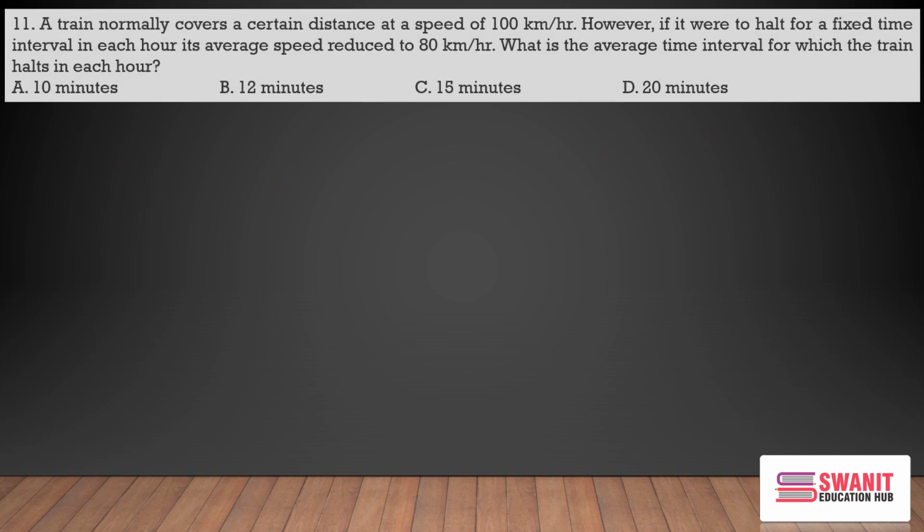A train normally covers a certain distance at a speed of 100 km per hour. However, if it were to halt for a certain interval in each hour, its average speed reduces to 80 km per hour. So earlier it was 100 km per hour, then with the halt it becomes 80 km per hour.